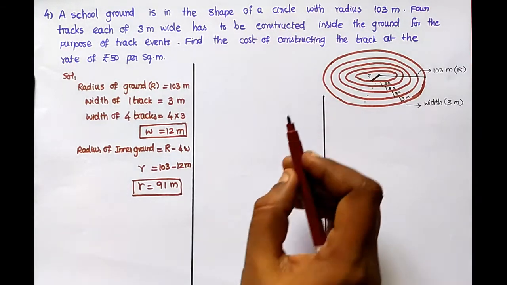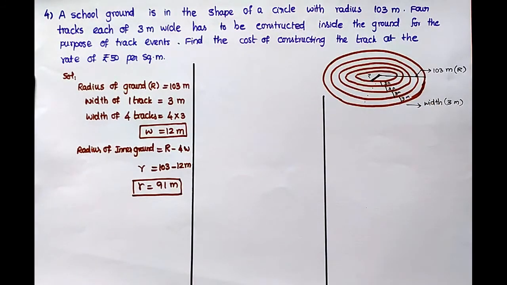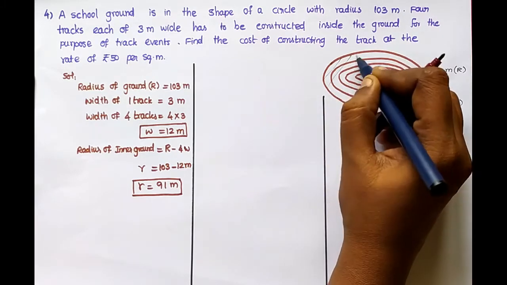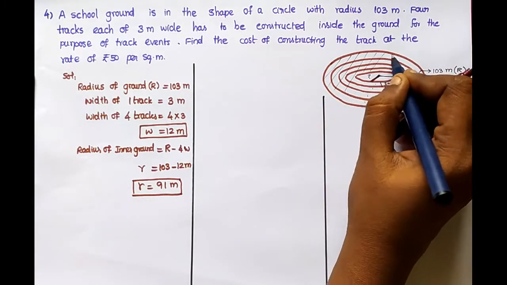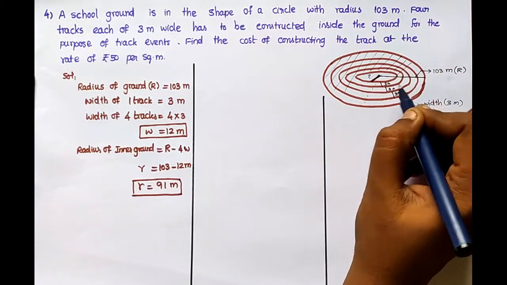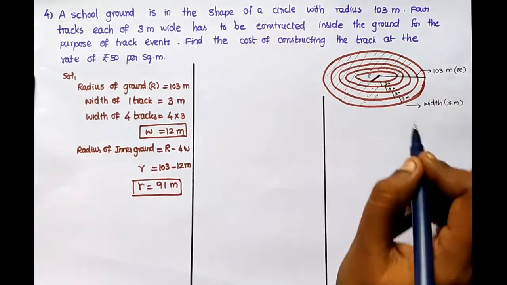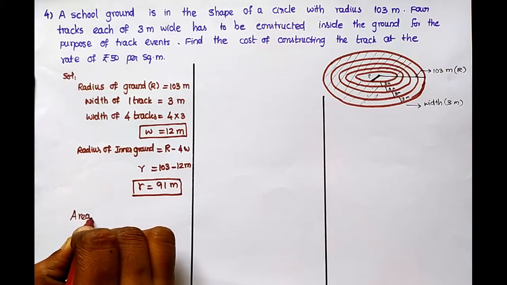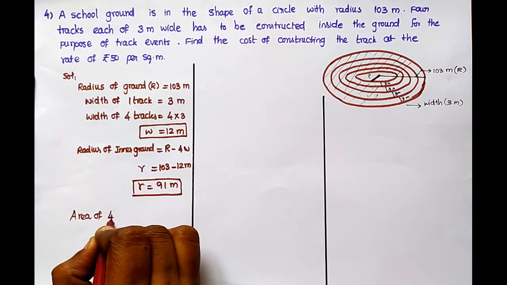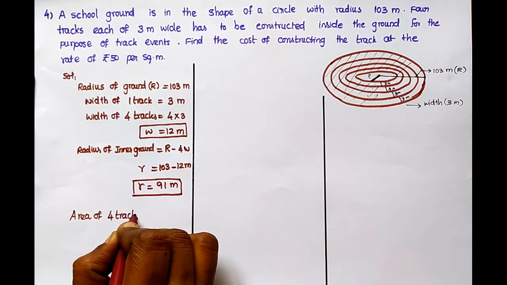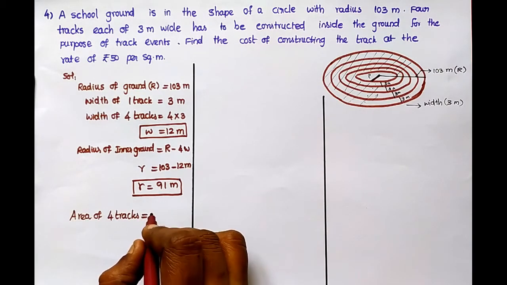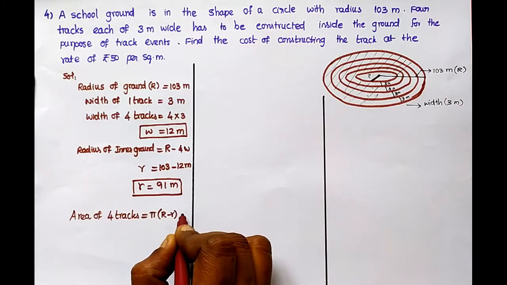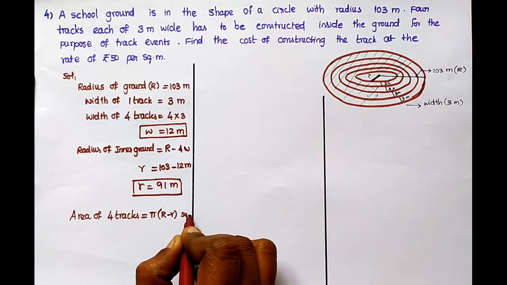Now we want to find out this area, tracks area, right? So area of 4 tracks equal to pi into R squared minus r squared square units.